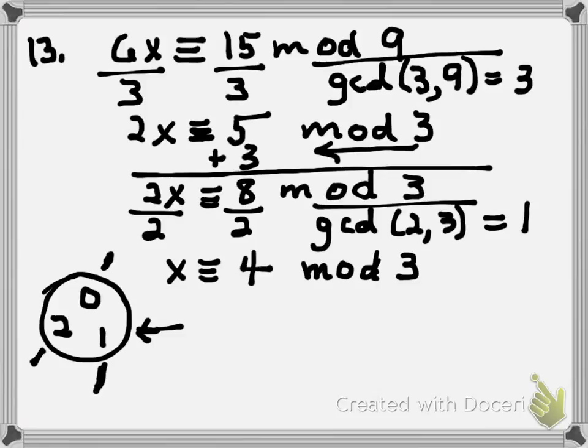So I'm starting 1, 2, 3, 4, and I have x is congruent to 1 mod 3.